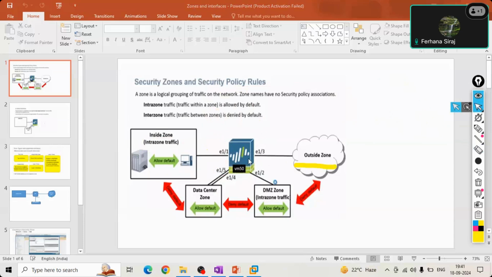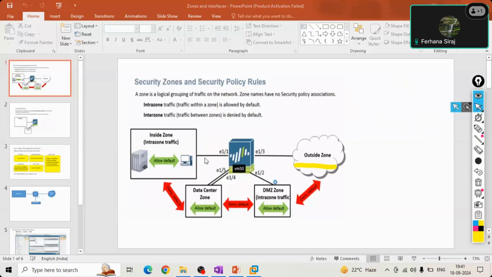Between the two data centers, if they are within the same zone, there is no need for policies, because by default traffic is allowed.